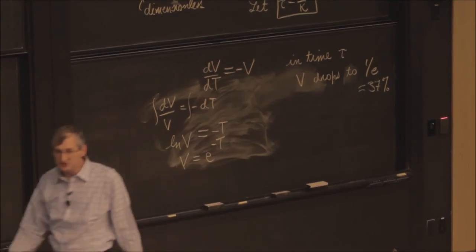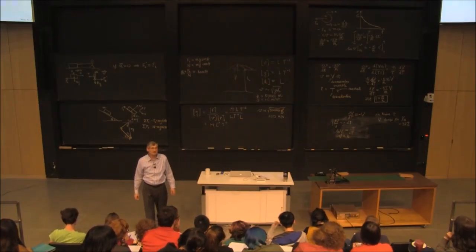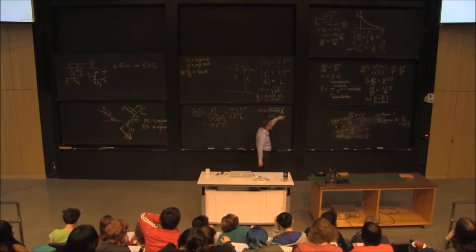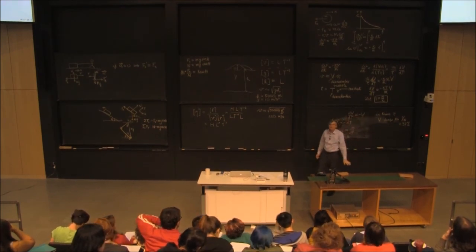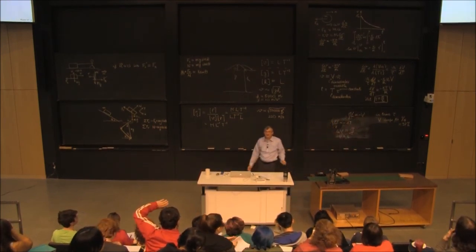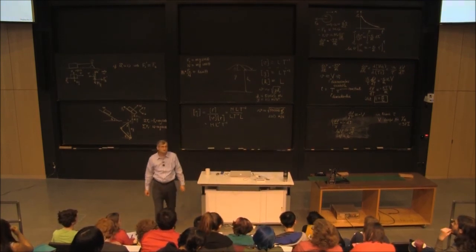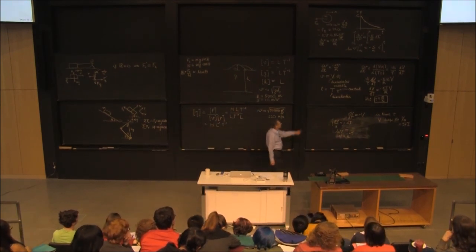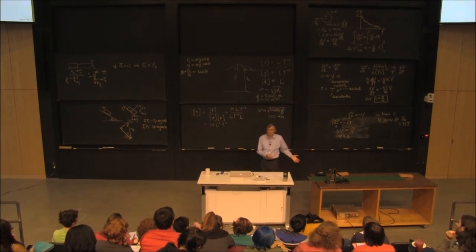So before even solving the differential equation, just by taking out the dimensions, I can extract from the constants in the problem what the characteristic time scale for the decay is. That's very handy. Yeah? Why are we allowed to just arbitrarily set tau? Well, as long as you're not changing it in the middle of the equation, it's a straight substitution.